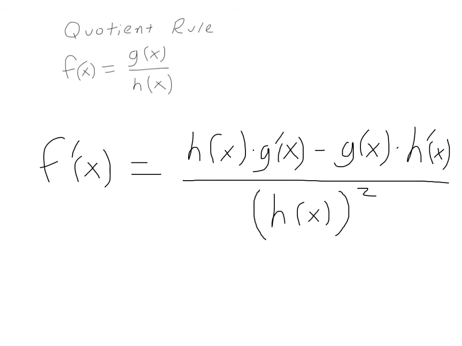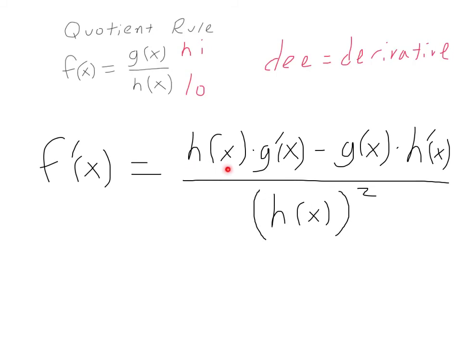So there's a mnemonic that helps you remember that. If you remember the top equation as the high equation and the bottom equation as the low equation, and d stands for derivative, here's the rhyme.